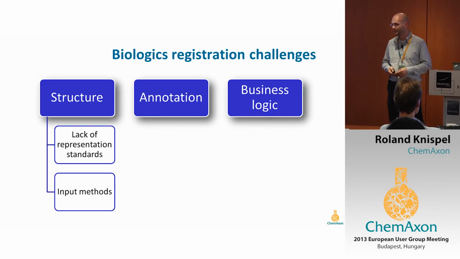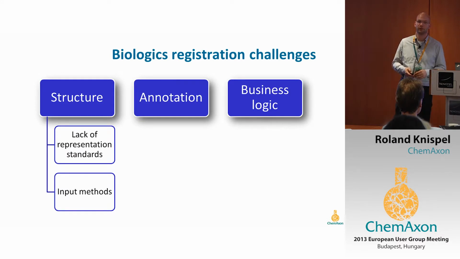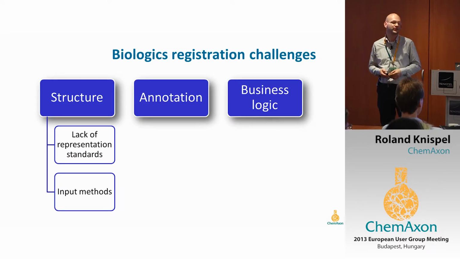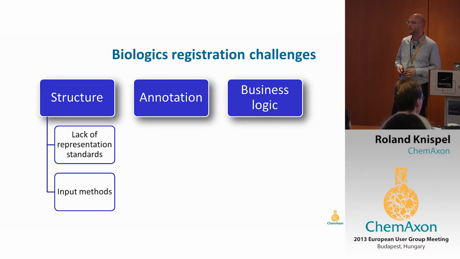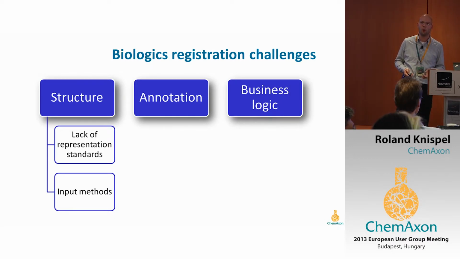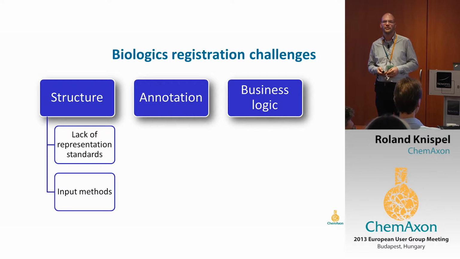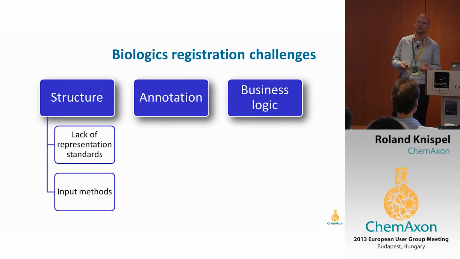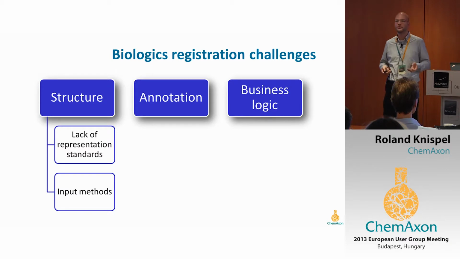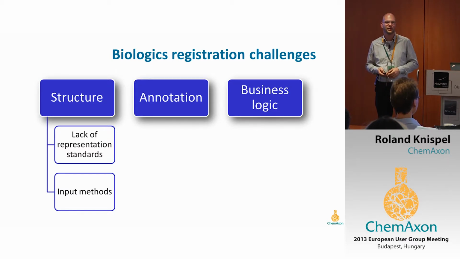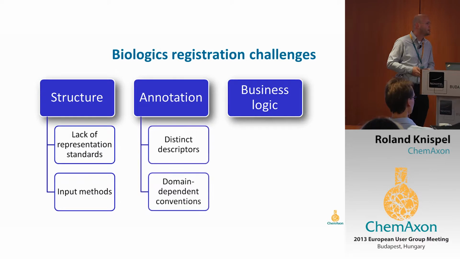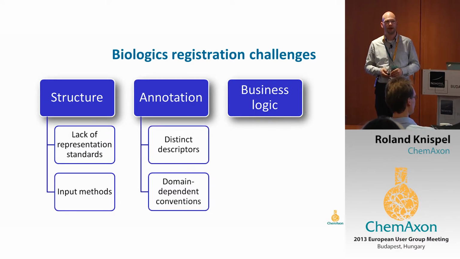And actually, Sergio has given a really nice overview about the reasons and all these representation issues which are arising there. The second thing is input methods. We also talked about it, that you probably do not want to draw such a large molecule with a chemical sketcher. At the same time, with a pure text editor to edit your sequence, well, how do you add your chemistry information there? So the third part is about annotation.